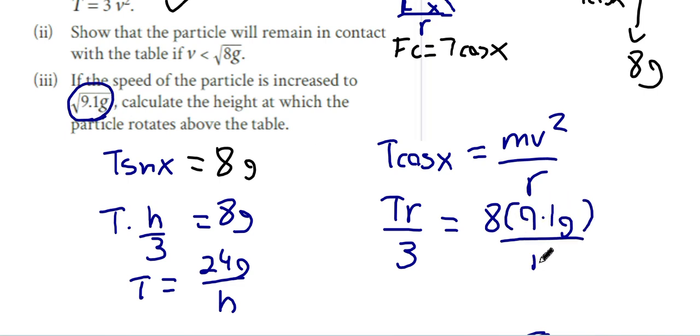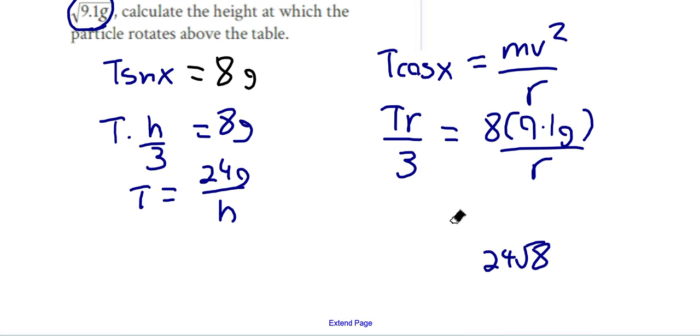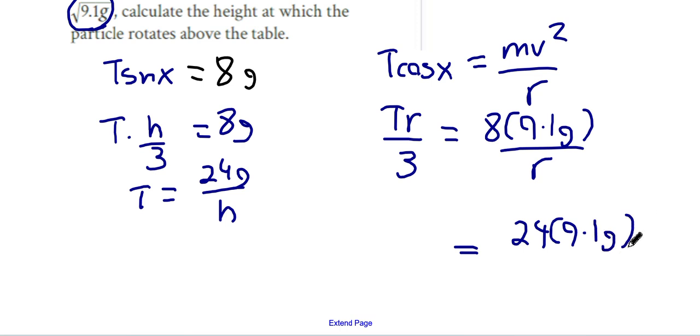And R is R, yeah. And then, I suppose what we're going to get here is, that R goes down there, doesn't it? Whew, that's not nice. So that is going to be 24 times 9.1g all over R squared. Something is up.